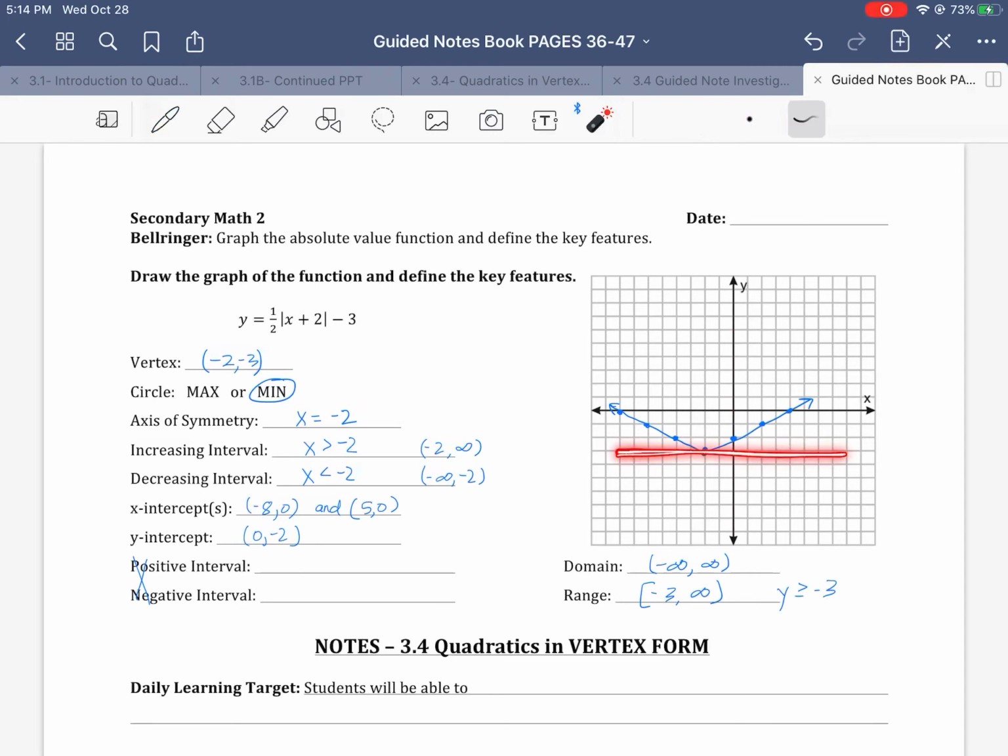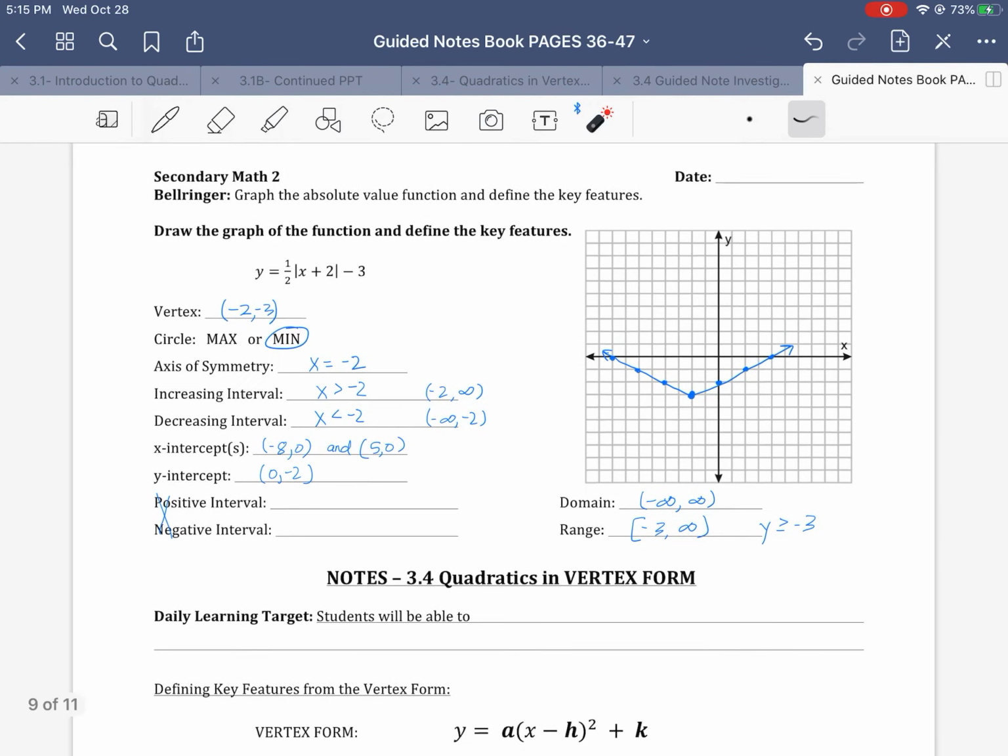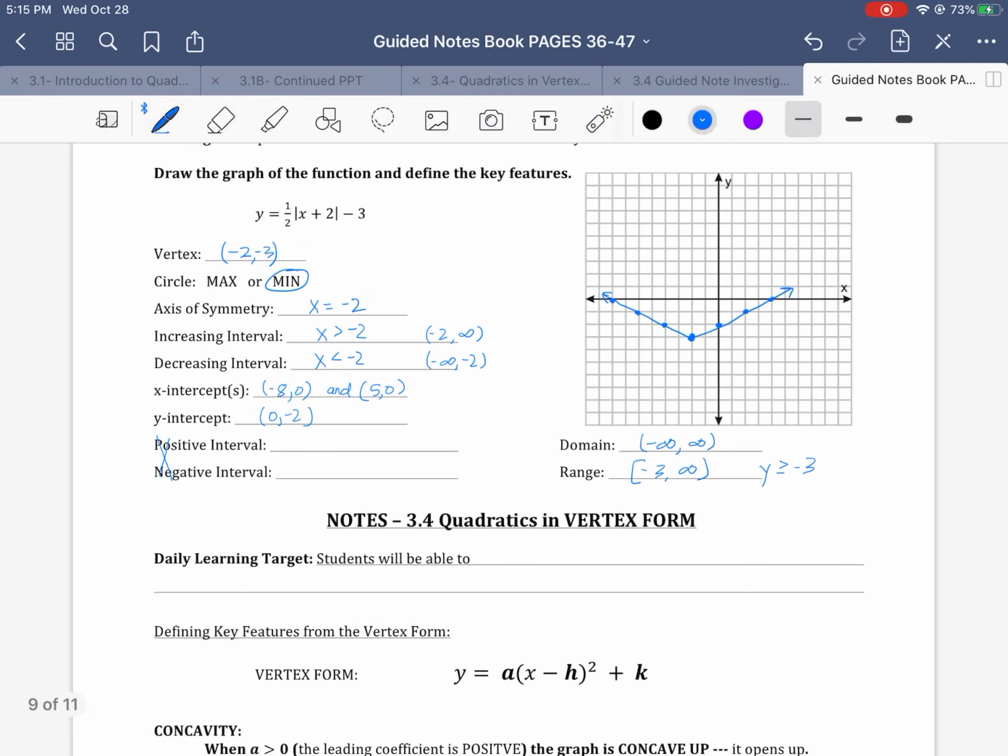That makes sense too, because you can think about it like a wall down here. Nothing drops below -3. Essentially, that absolute value function, we could draw a quadratic that looks very, very similar. So today, when we jump down here, our goal is to be able to apply what we know about the absolute value function.